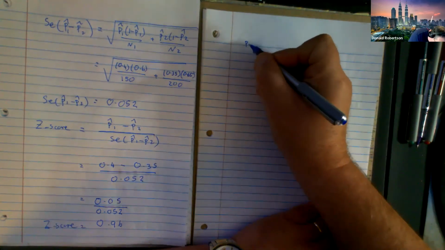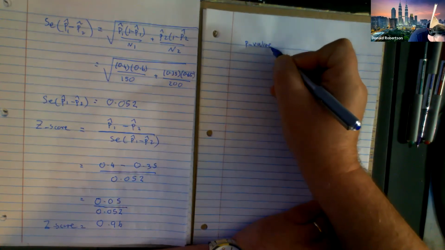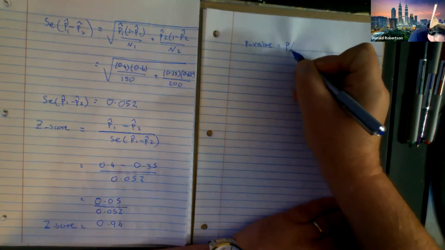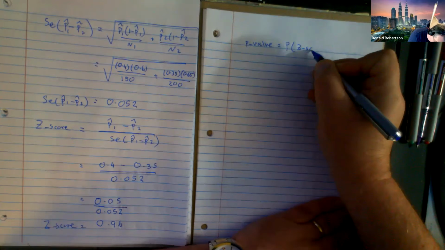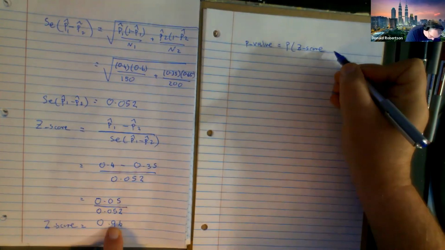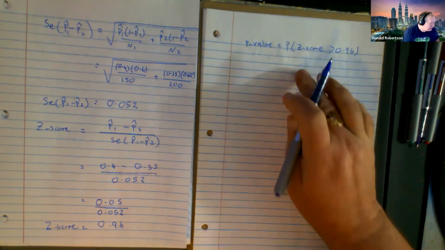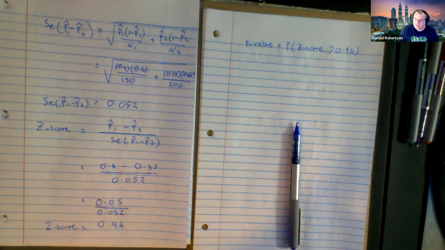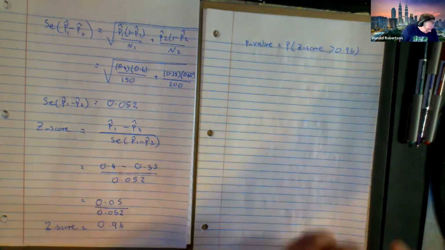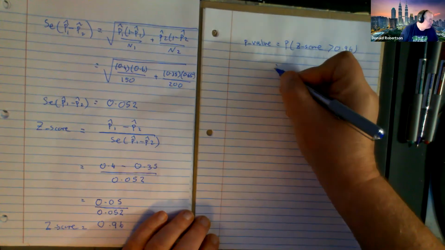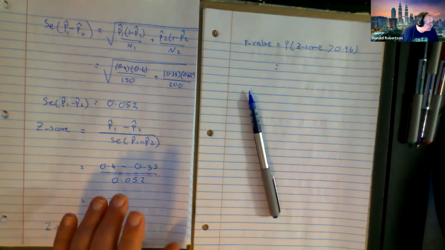Now, as I say, I'm doing this one by hand all the way through. So what we get next is the p-value. And the p-value is the probability that you get a Z score greater than that number. And that I have to use software. I'm just going to nip over to the software and tell you what the answer is.